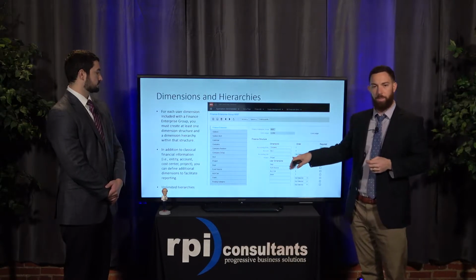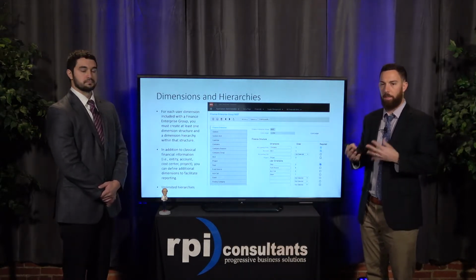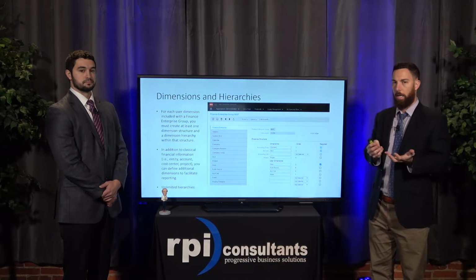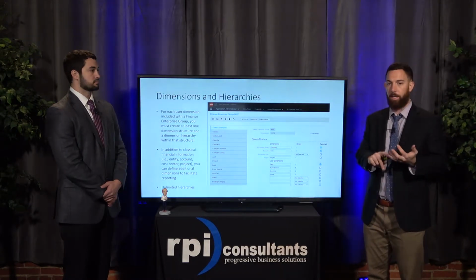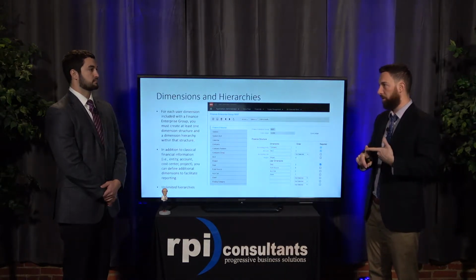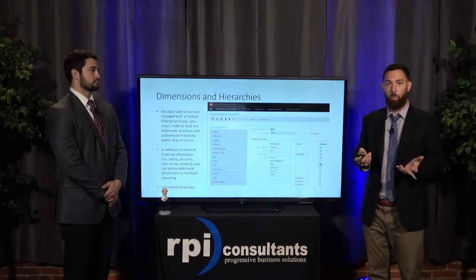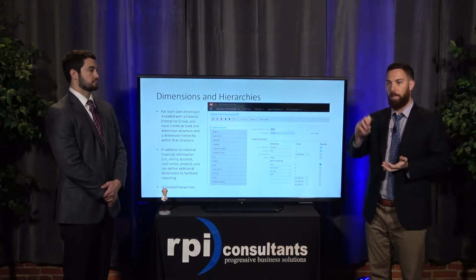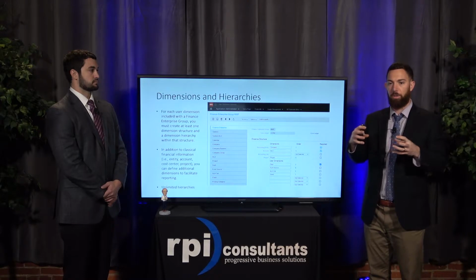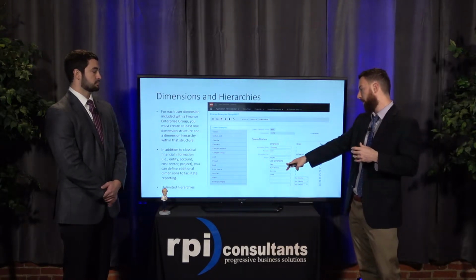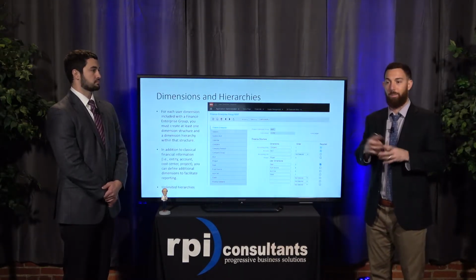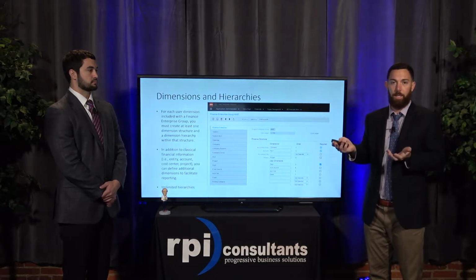Within each specific dimension, there's now this concept of a hierarchy, and you need to have at least one hierarchy built out per dimension, but you can have as many as you want. And the hierarchy allows you to roll up or structure, for example, this department dimension into as many roll-up hierarchies as you need.